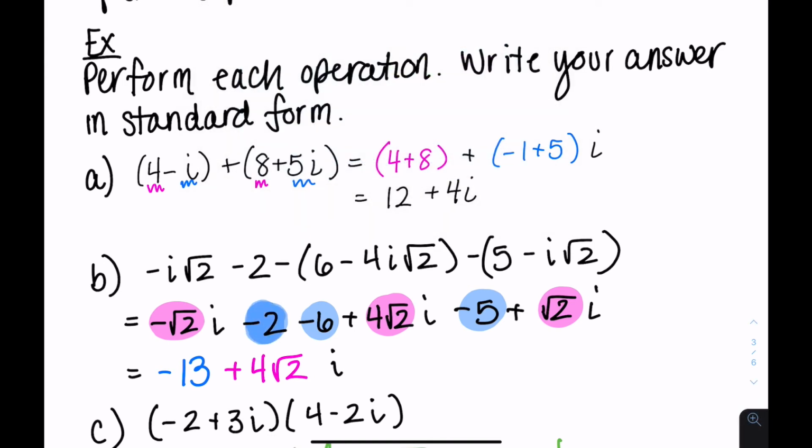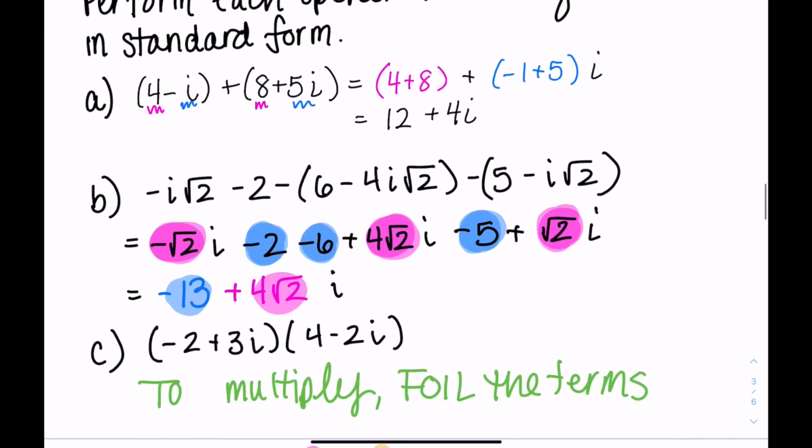We've got a real part, real part, real part. So in total, we've got negative 13 as our real part. Then I've got negative root 2i plus 4 more root 2i's, so 3 root 2i. Add up one more, and in total, we've got 4 root 2i. So again, in standard form, it's separated appropriately.